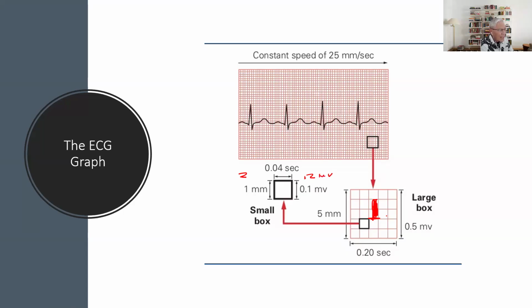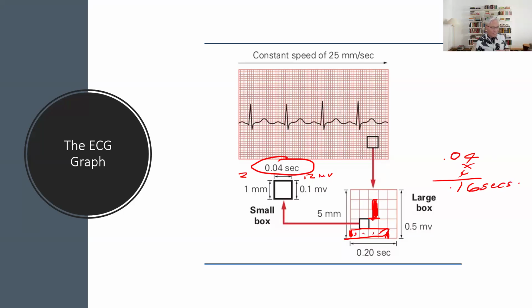All right? Now, let's say that I have a waveform that starts over here and ends over here. How many seconds is it? How many seconds is this? Remember, each box is equal to 0.04. So 1, 2, 3, 4. 0.04 times 4 is equal to 0.16 seconds.